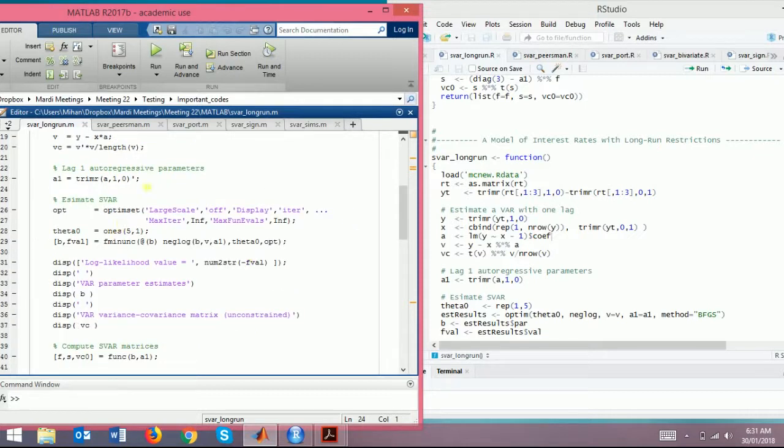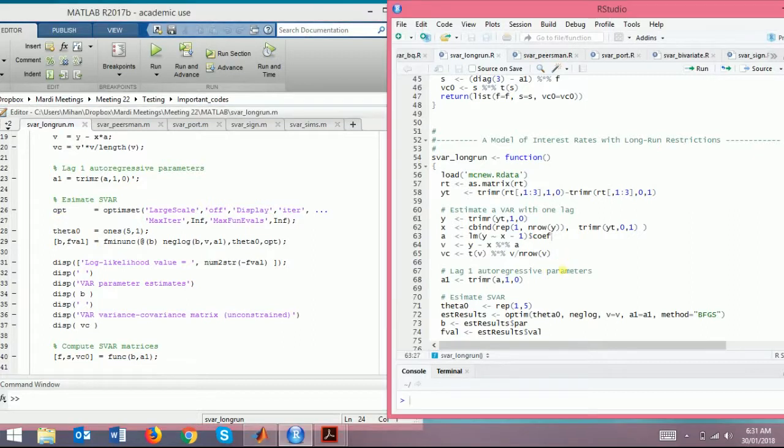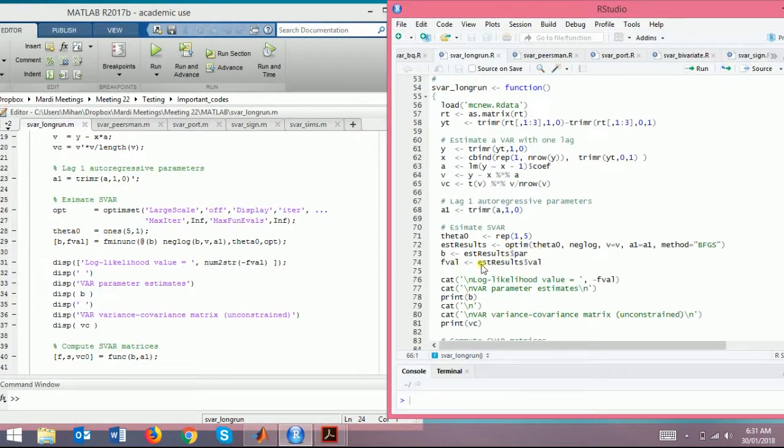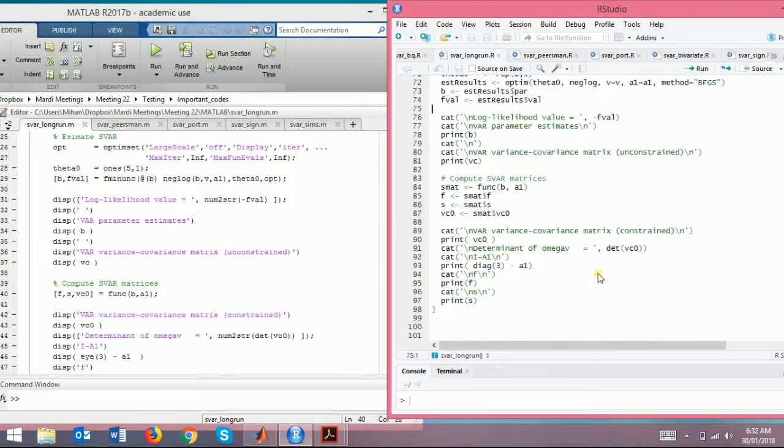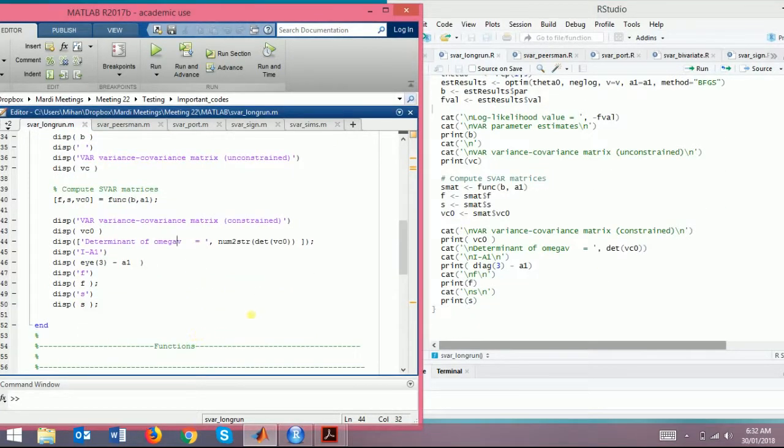So estimate SVAR is called the function. It will automatically do the estimation and compute the SVAR matrices simply as before.